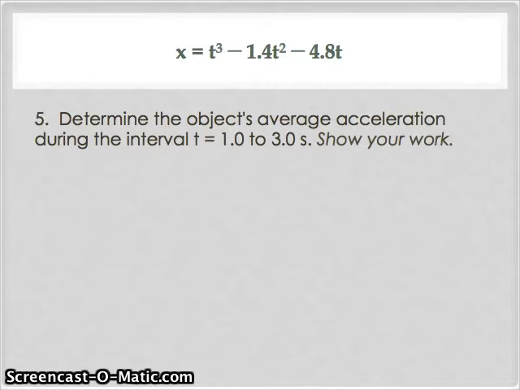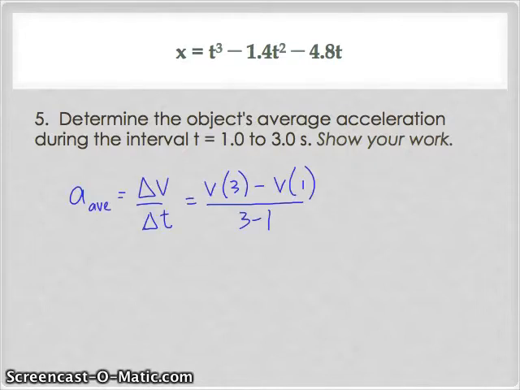Another question that we may be asked is to find the average acceleration. Well, the average acceleration is not defined by looking at the actual acceleration function. The average acceleration would be how the velocity is changing with time. And so it would be the change in v over the change in t.